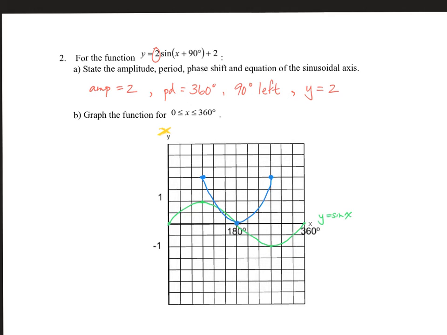The first couple key things. Take a look at your movement between your key values. On my blue graph, I notice that from my minimum, I'm 1, 2, 3 units to the right, 1, 2, 3, 4 units up. Each part of my graph is symmetrical.